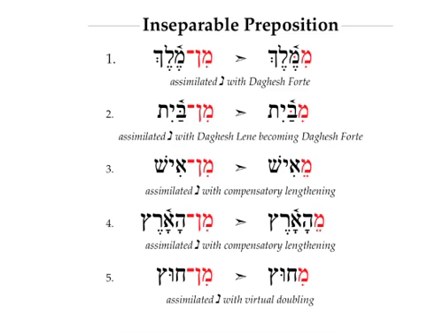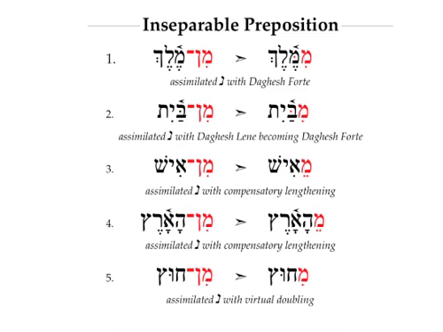In the fifth example, you'll see that the preposition min is prefixed to the noun chutz, which means outside, so from outside. Now in this case, the nun of the preposition min tried to assimilate to the guttural chet, but it was rejected. In this instance, it didn't result in compensatory lengthening, but virtual doubling.